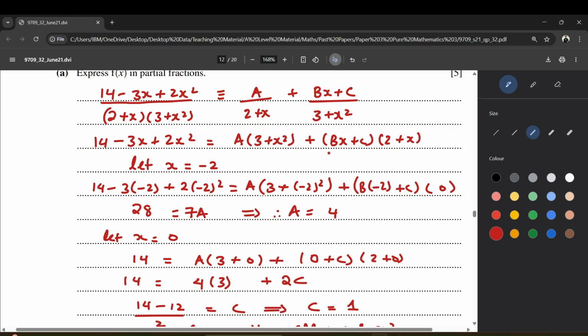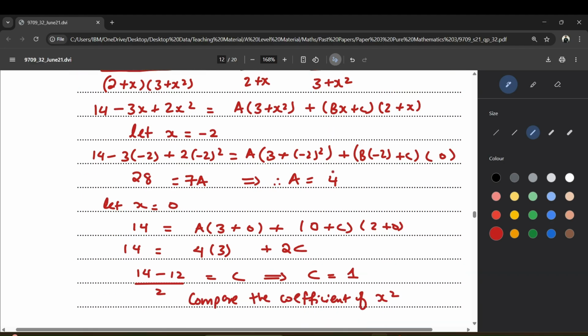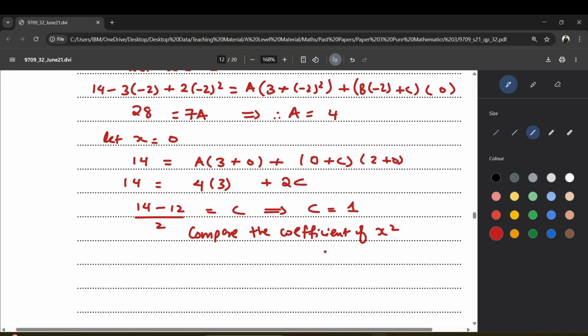You can just say let x is equal to 1. So when you substitute 1 into the equation for every x value, and you already found a and c, you can now find b, but that is a longer working. So if you are comfortable with that method, that is perfectly fine. I personally like this method because it is much simpler, and you can see how it is simpler.